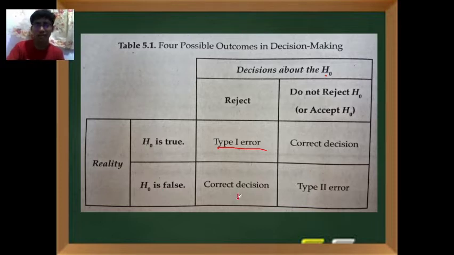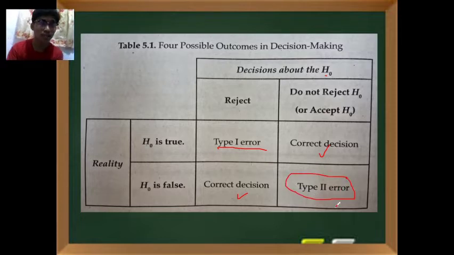You made a correct decision. Back to true: the null hypothesis is true and you do not reject it, meaning you made a correct decision. However, if you accept the null hypothesis when it is false, you are committing a type 2 error.